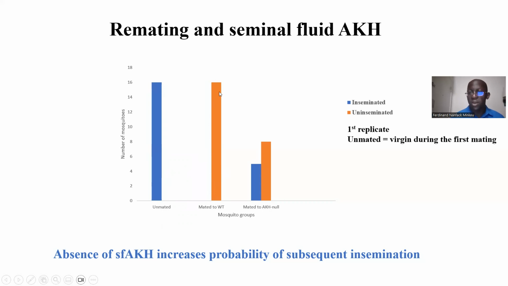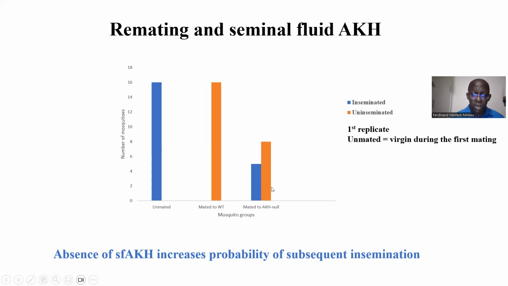That confirms that yes, in general, females need some time after the first mating. The receptivity to the second mating is reduced, or the female becomes refractory to the second mating.